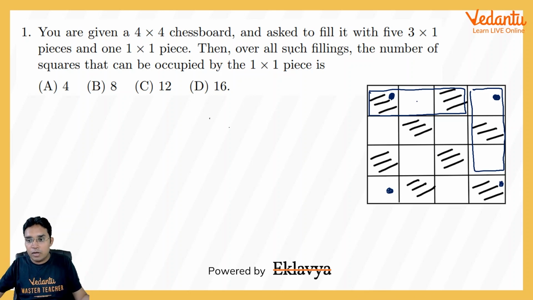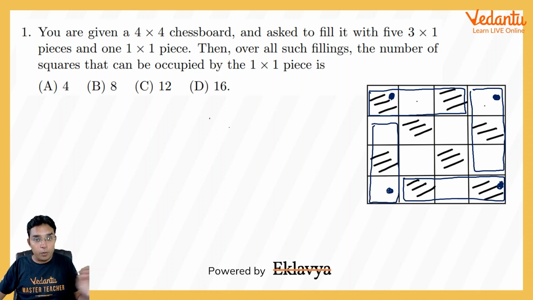Similarly, to cover this corner, I need to put it this way, and similarly for this one. But what you notice here is that if we do this, that means I do not put the 1x1 piece in these 4 corners, then I will still have one 3x1 piece and one 1x1 piece.